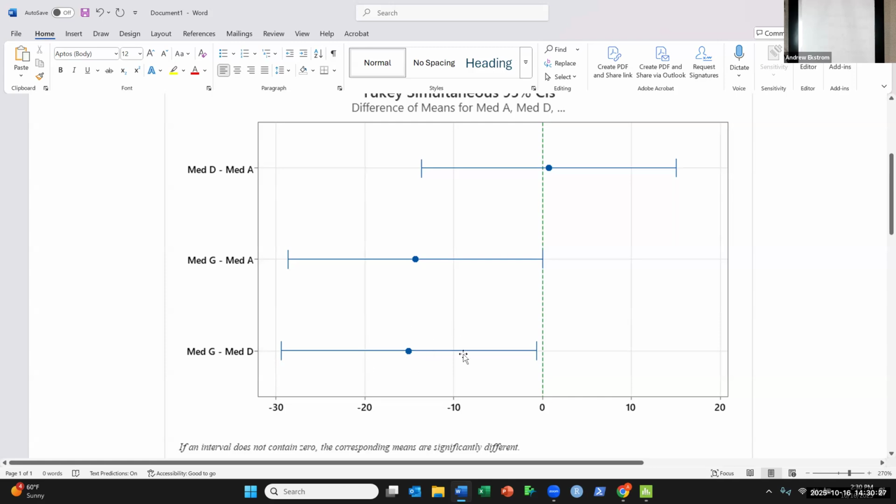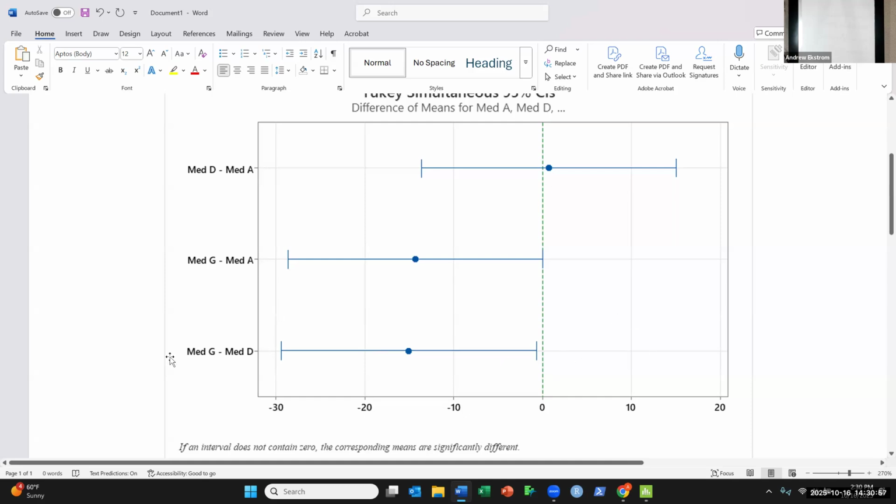This last one we can see, again, that it's a negative value, but the bar out here does not touch the green. So that's telling us that there is a big difference between medication D and medication G. And looks like it's about maybe a 15.5 point difference, whereas this might be a 14.5 point difference.